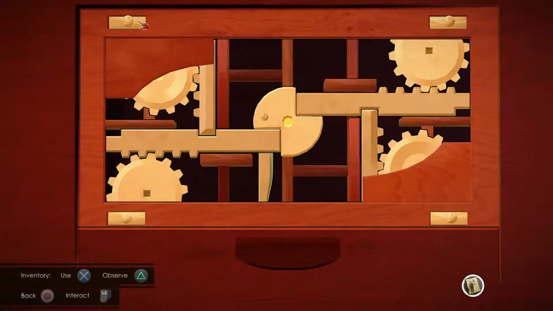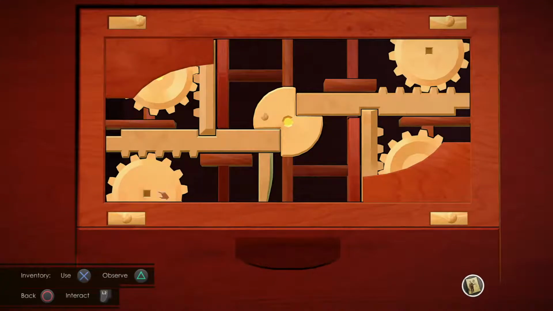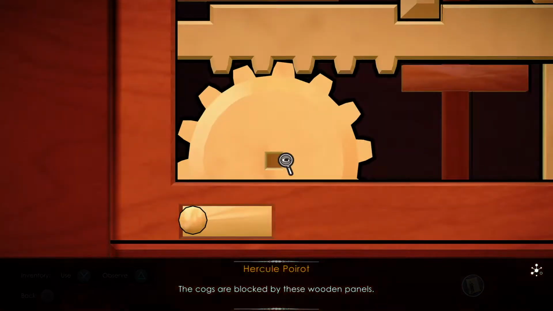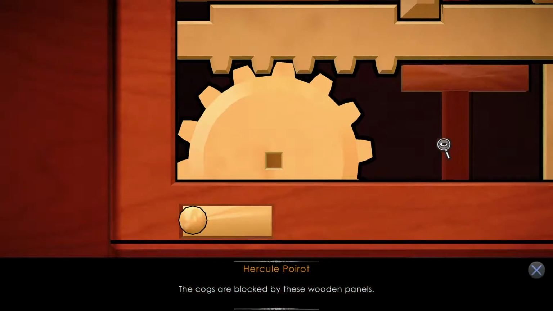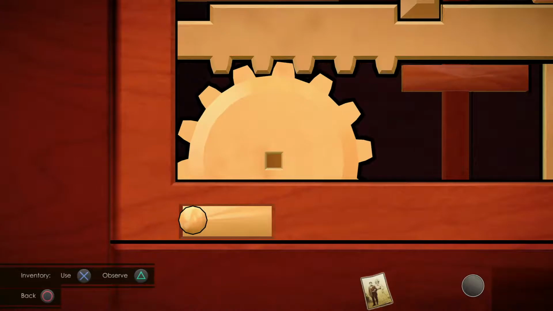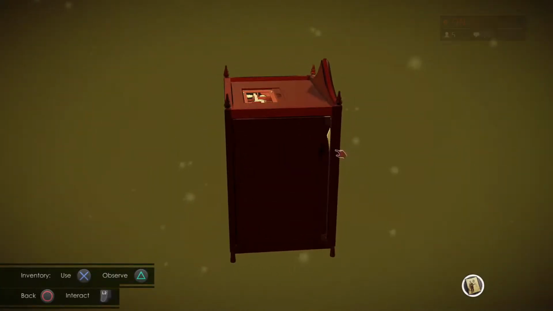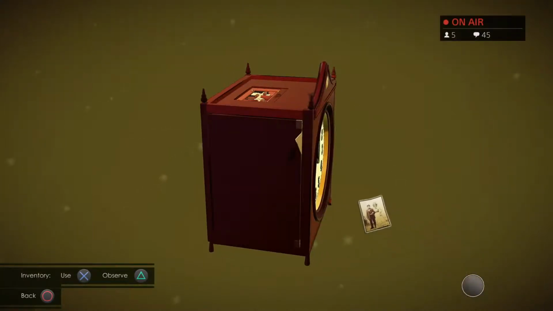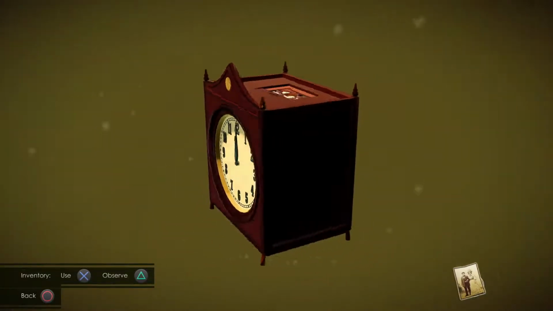Did this change color? No. Okay, this gives me an idea. Maybe I'll slide it on the other side?